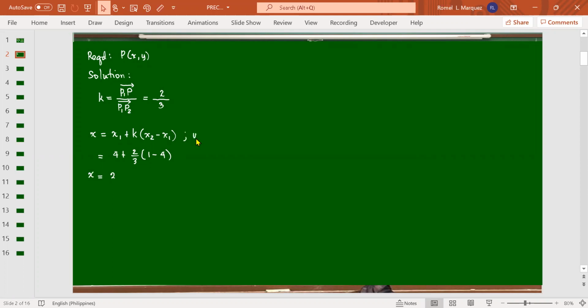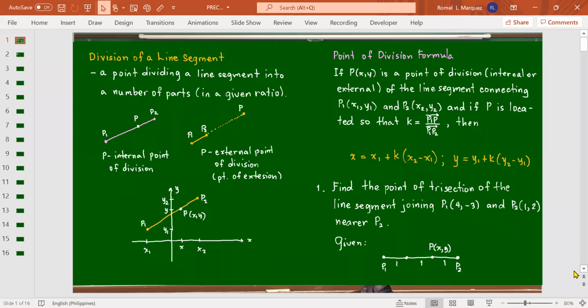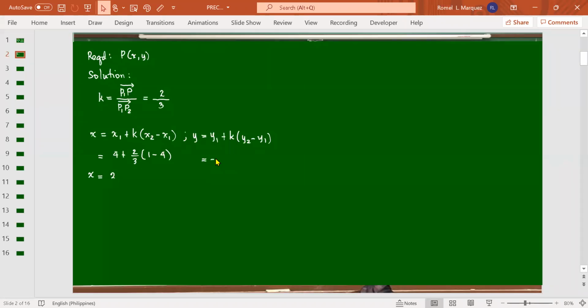What about the value of Y? Y sub 1 plus K times Y sub 2 minus Y sub 1. But what is my Y sub 1? Negative 3. Plus 2/3. Then Y sub 2 is 2, no? Minus negative 3.